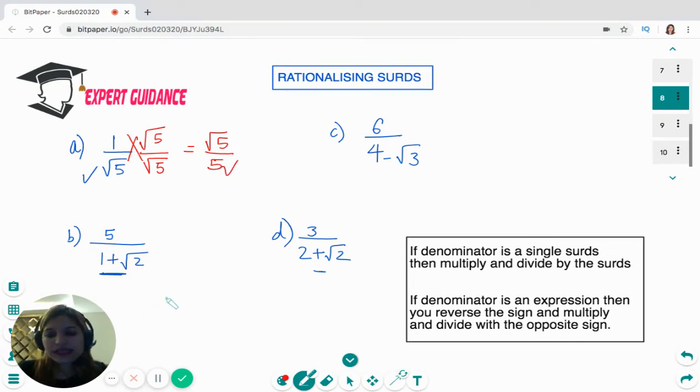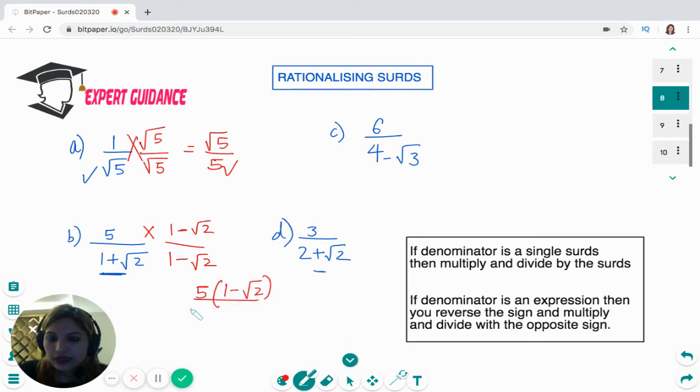Let's do another example. This is 5 over 1 plus root 2. In this case, we will multiply and divide by the denominator but with the opposite sign. Now, what is our expression? 5 times 1 minus root 2, and then 1 plus root 2 multiplied by 1 minus root 2. Right? Now let's open the bracket.